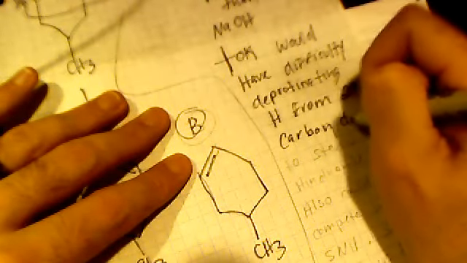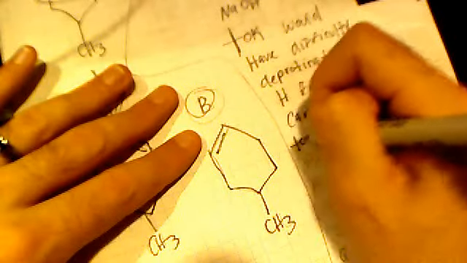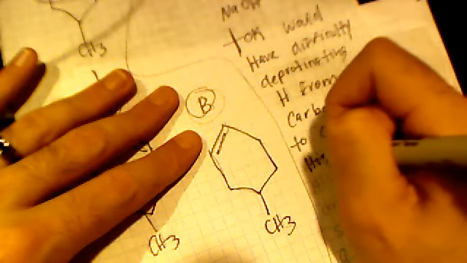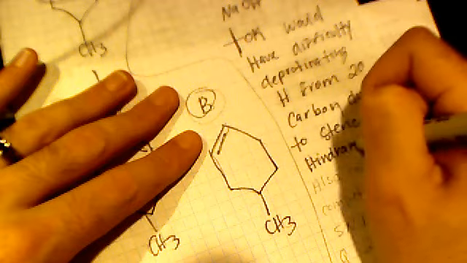Both of these hydrogens are on second degree carbons. They're both attached to 2 other carbons. So due to steric hindrance, because potassium terbutoxide is a bulky base.